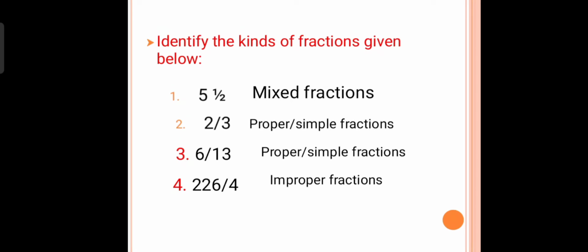Because the numerator is greater than the denominator. 226 is greater than 4. So, that is an improper fraction. Next, number 5. What is your answer for that, children? 205 and 1/5. It is a mixed fraction because it has a whole number and a fraction.